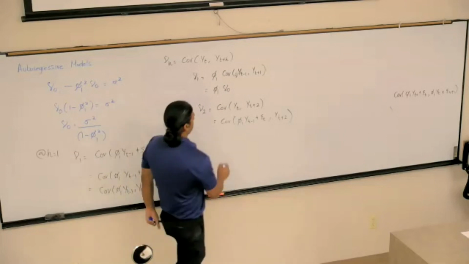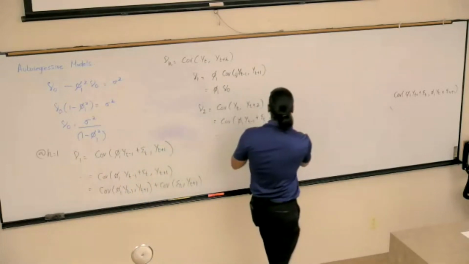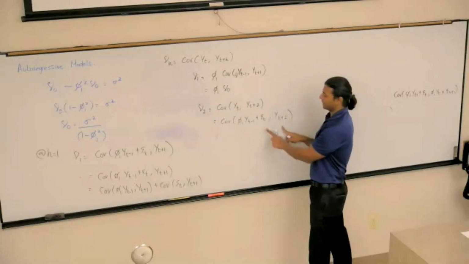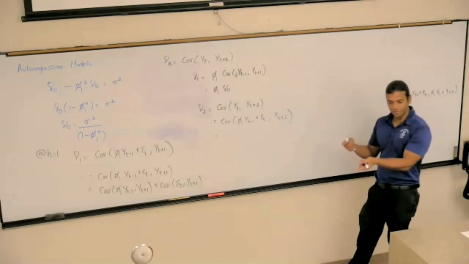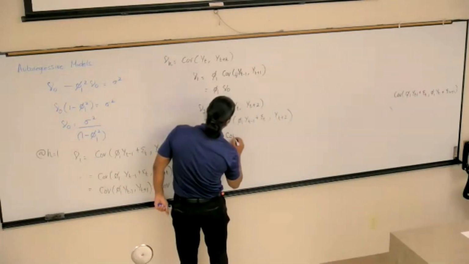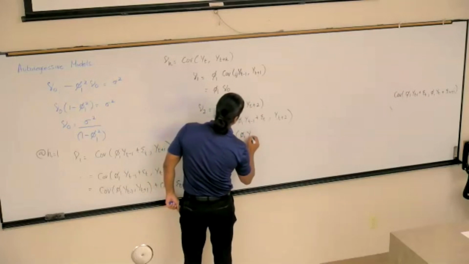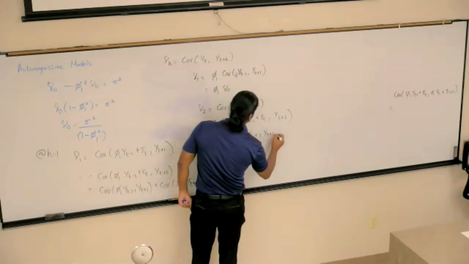Correct. So, same argument: epsilon t and yt plus 2 would be 0 because it's noise and the series. We'll have the covariance of phi1 yt minus 1, comma, yt plus 2.